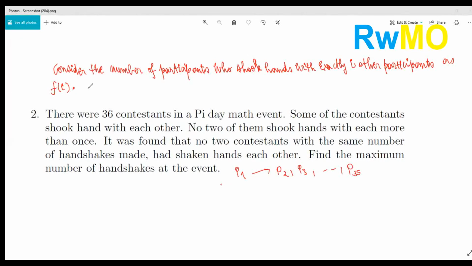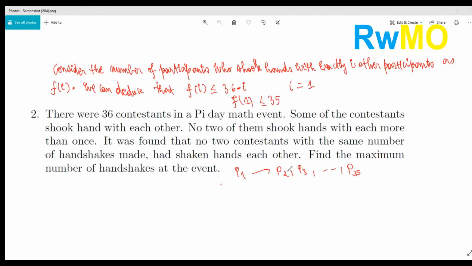So from this given condition, it is easy to deduce that this function f of i is at most 36 minus i. I think this is kind of obvious because if i is 1, so here we have the first contestant, f of 1 is about 35.